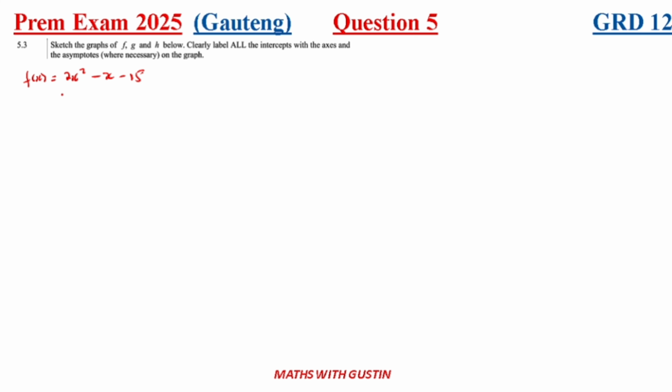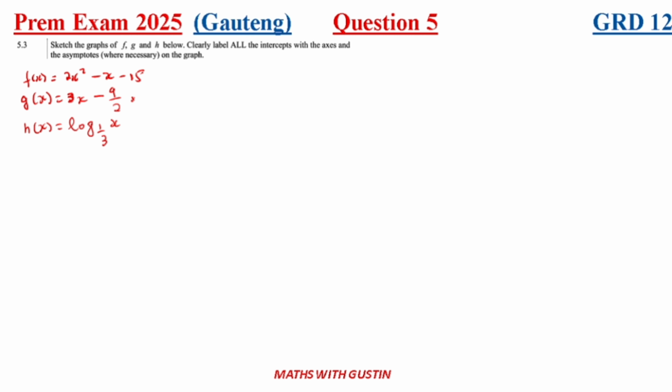And therefore g of x, let's note it down, is 3x minus 9 all over 2. And therefore h of x is equal to log 1 over 3x.